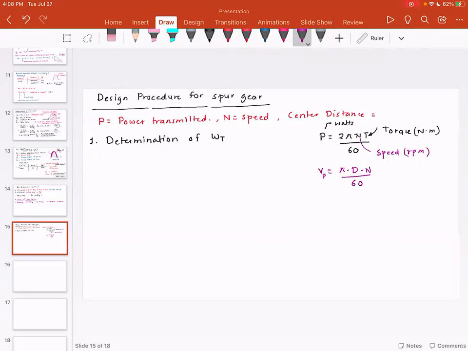So what we do is we find out WT is equal to P divided by V multiplied by CS. This is the power P. CS is nothing but the service factor.